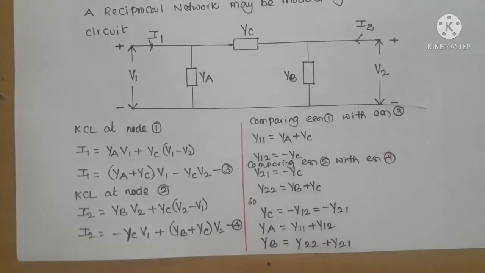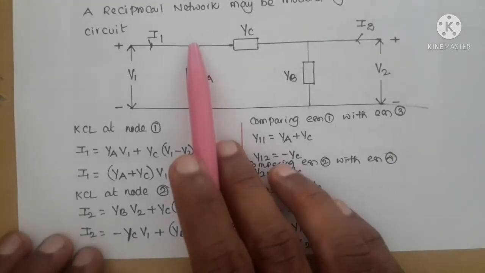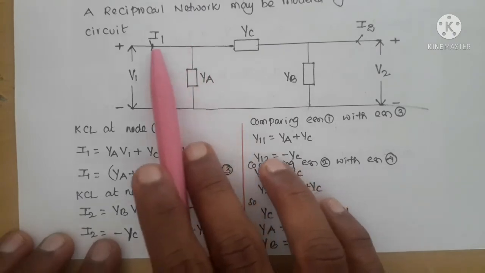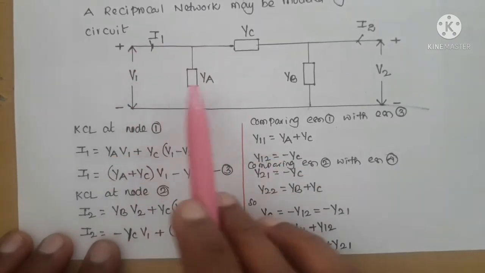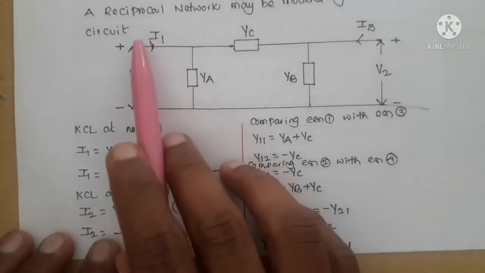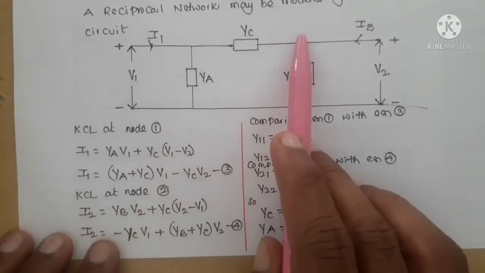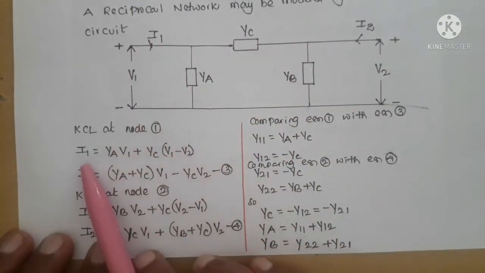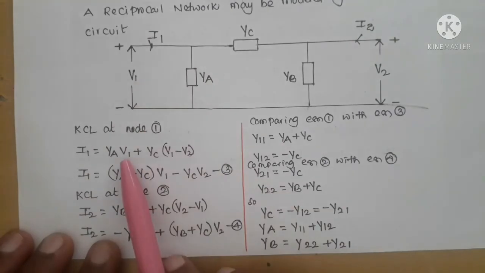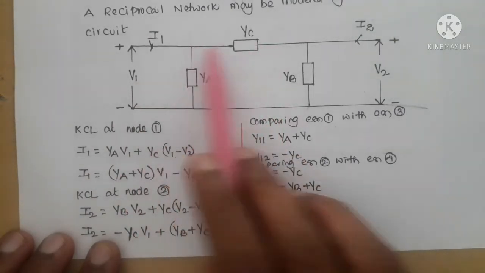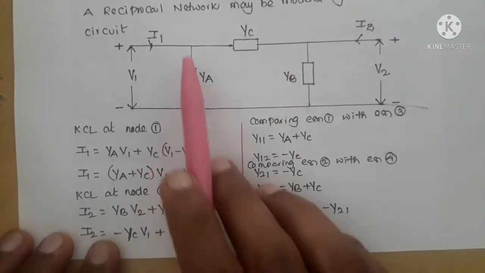Here, applying KCL at node 1. So this is node 1. Three currents are associated at node 1: I1, the current in this branch and the current in this branch. So KCL at node 1: I1 equals YA V1 plus YC times (V1 minus V2).